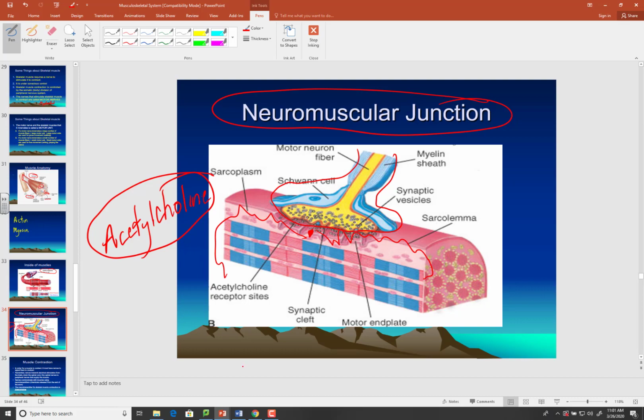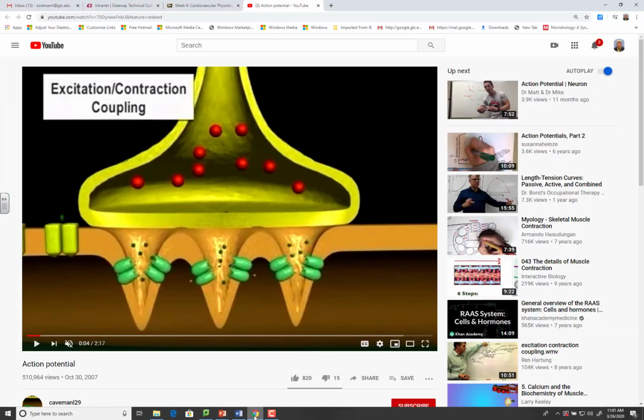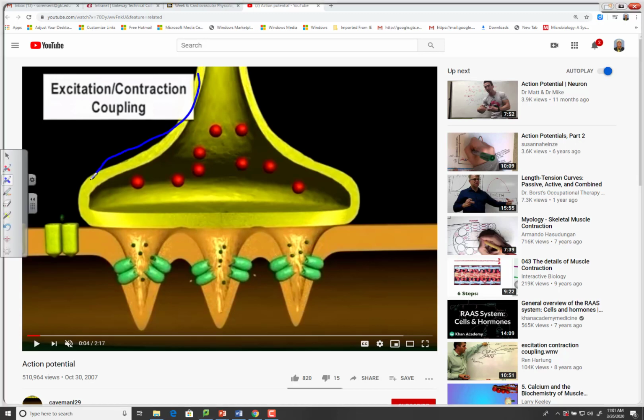So let's get into a little bit of the actual contraction of skeletal muscle. What I want to do first is explain to you where you're at. So this right here is the axon of a motor nerve.